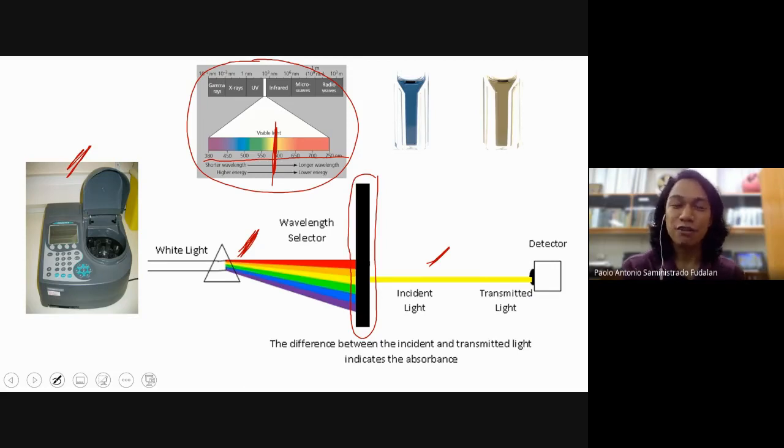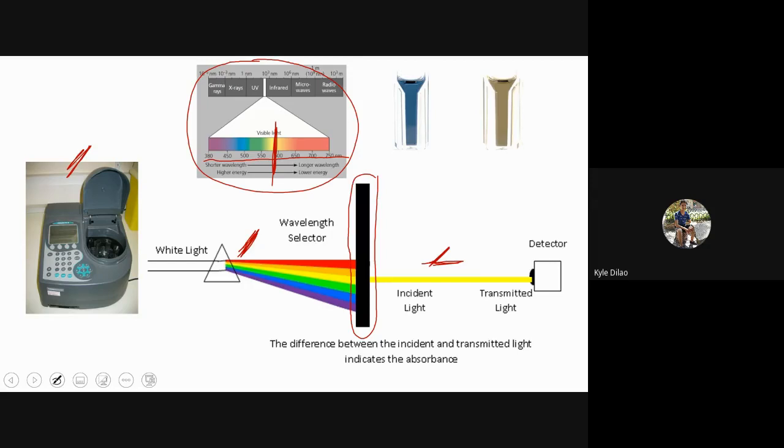Okay, so for example, if you set your spectrophotometer for 750 nanometers, what color of light will pass through? Anyone? If you set the absorbance in the spectrophotometer at 750 nanometers, what color will pass through here?